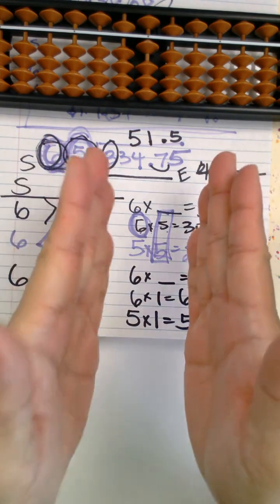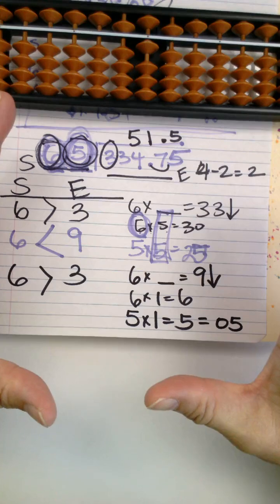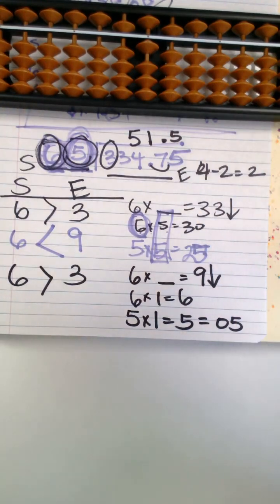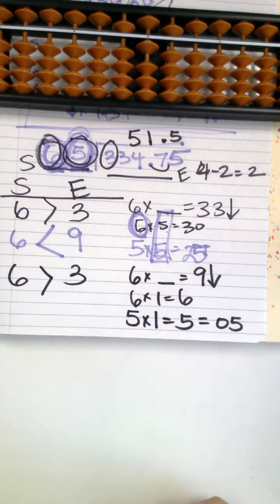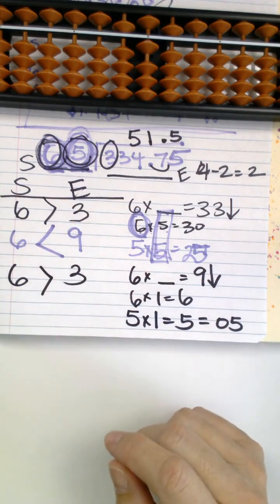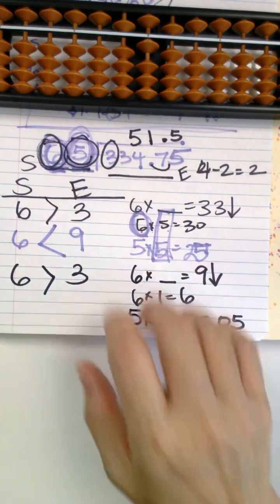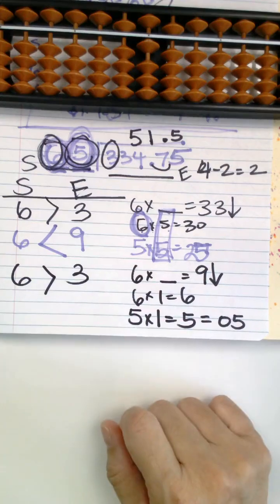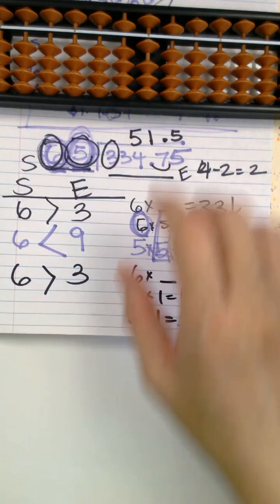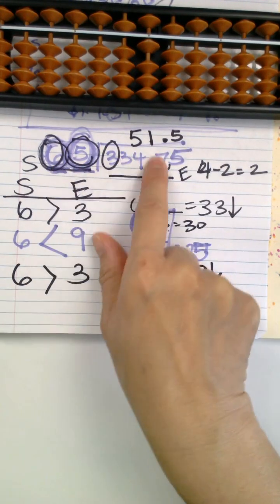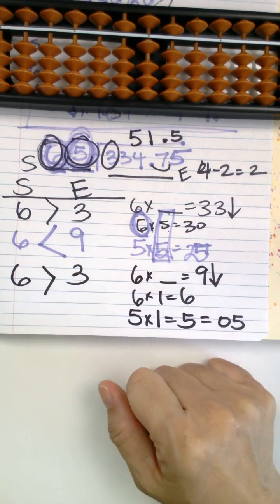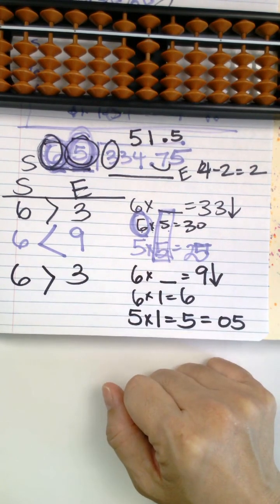There are more rules in division than everywhere else because you have to keep track of everything. But I do find multiplication and division easier on the abacus because we move and we can see our products. But notice when we did some of this, they called it partial quotient.